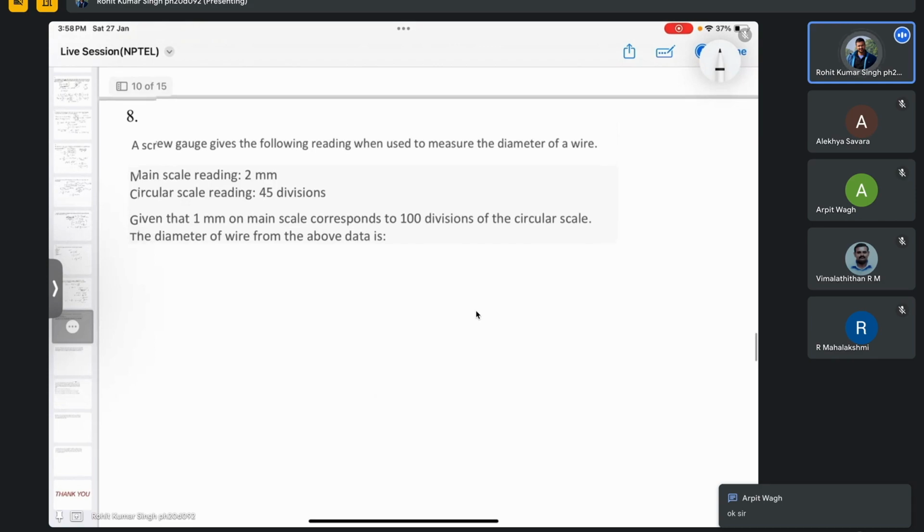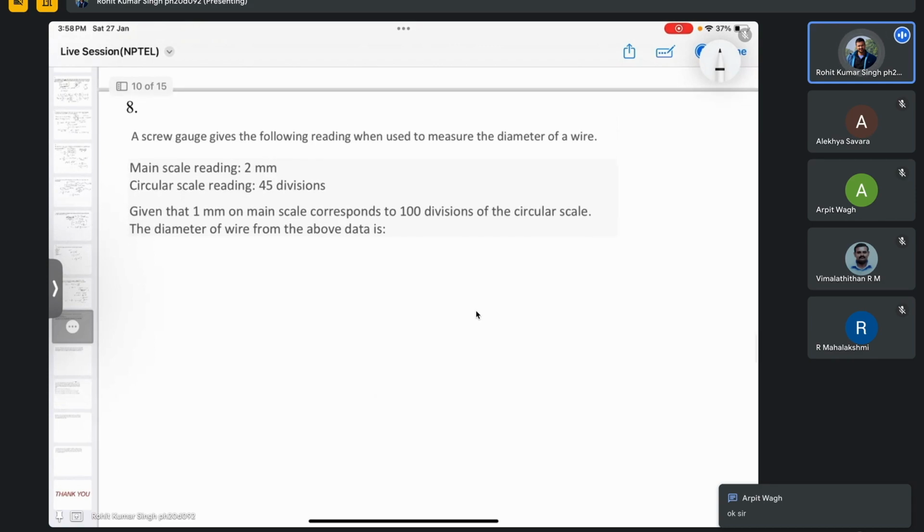So like I was saying, the problem is there is a screw gauge, and we are using it to measure the diameter of a wire. The main scale reading is 2 mm, and the circular scale reading.